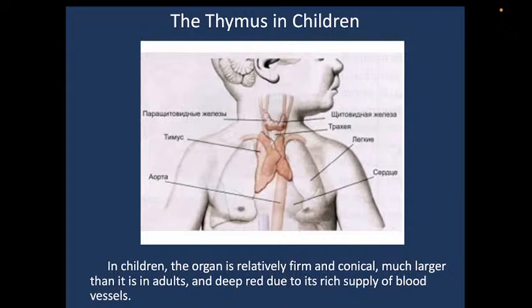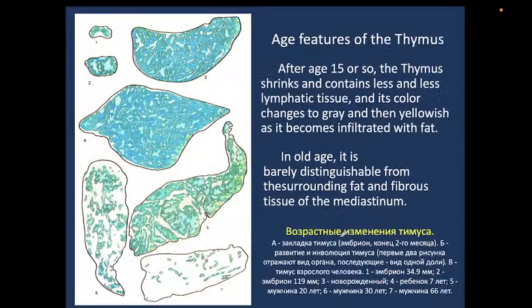Usually the right lobe is bigger than the left one, and this organ in childhood is relatively firm and conical, but much larger than it is in adults, depending on the size of the child's body.